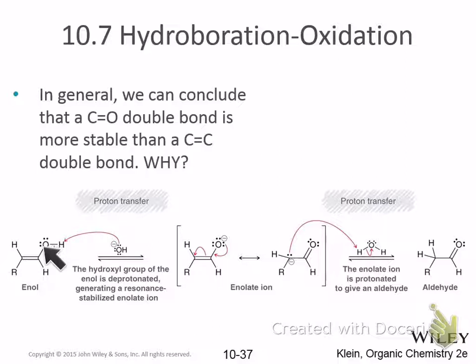It attacks the hydrogen attached to the oxygen, which then interconverts to the keto form, and then this picks up a hydrogen from water, or the solvent in this case, and produces the aldehyde from the reaction. So the tautomerization of the enol is catalyzed by both acid and base conditions, but the mechanism is slightly different.